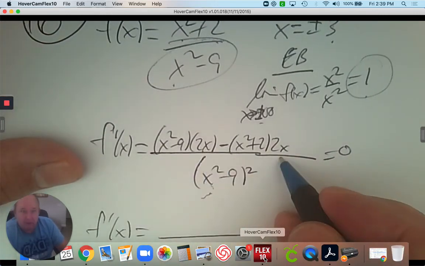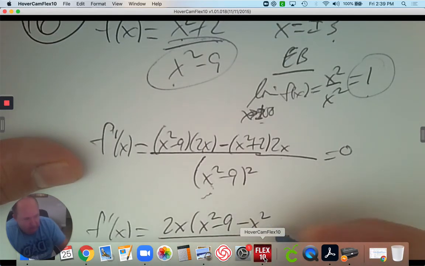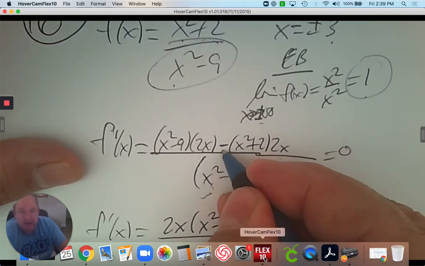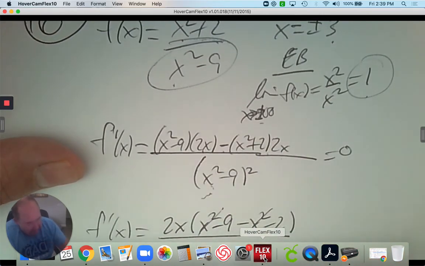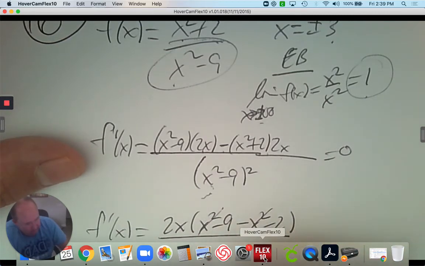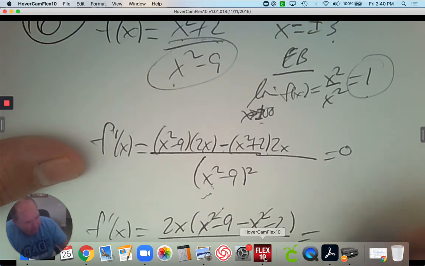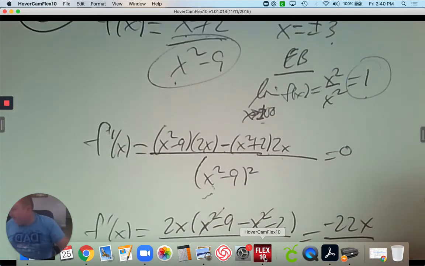Notice they both have 2x, so I'm going to factor out a 2x. That gives me x squared minus 9 minus x squared minus 2. So that negative belongs to both. In other words, the x squareds eliminate, and you end up with negative 11 times 2x, so negative 22x. Let's see if I did that right.